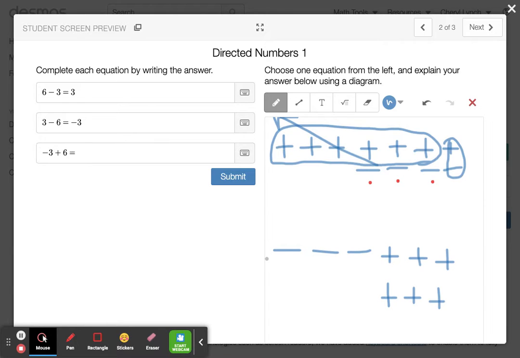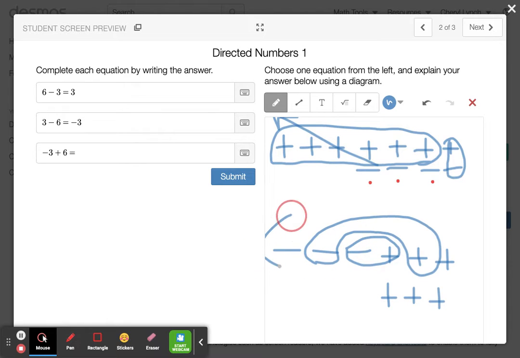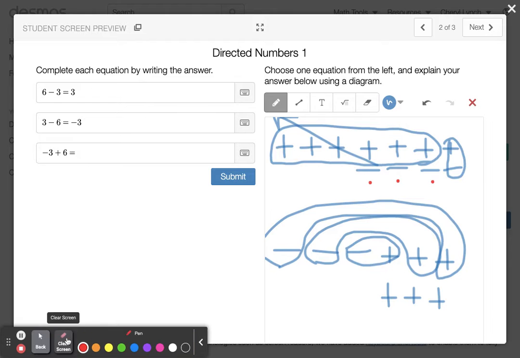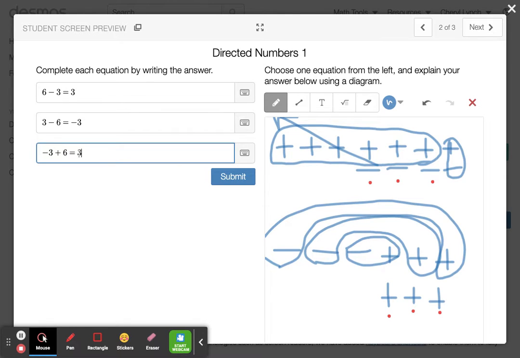Well, I know that a negative and a positive is going to give me a 0 pair, so I know that's 0, and I'm going to do kind of a wonky 0 so you can see which ones I'm circling. I know that's going to give me 0, and then finally, I know this is going to give me 0. So therefore, I'm left with 1, 2, 3 positives. So negative 3 plus 6 gives me a positive 3.